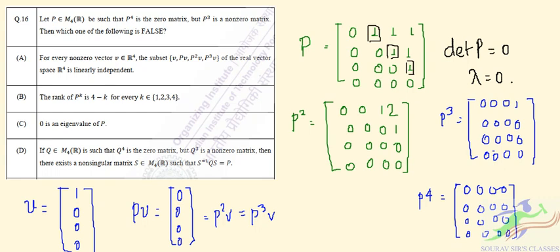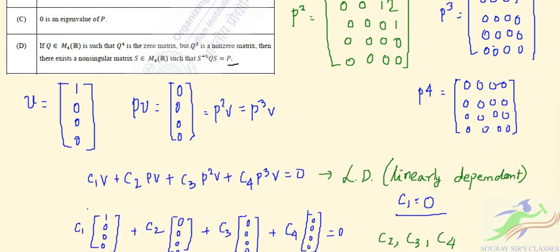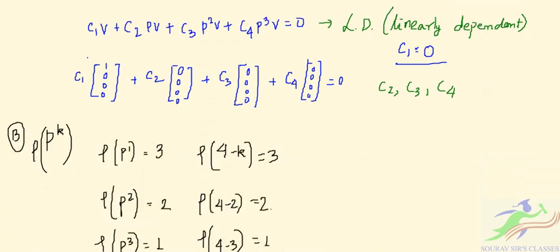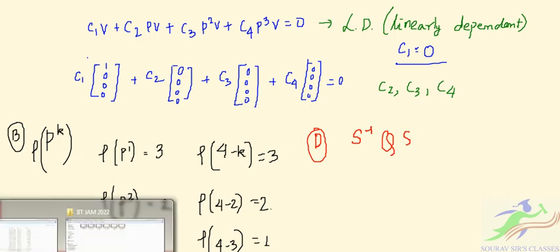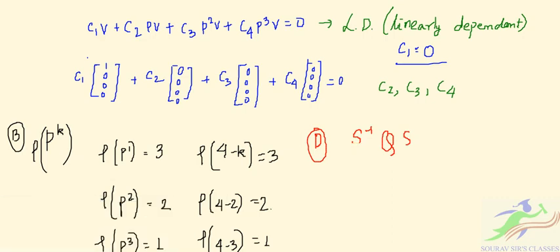Then there exists a non-singular matrix S such that S inverse Q S equals P. So we can write this equation in this form for option D. S inverse Q S equal to P. So we can also write it as Q equal to S P S inverse.